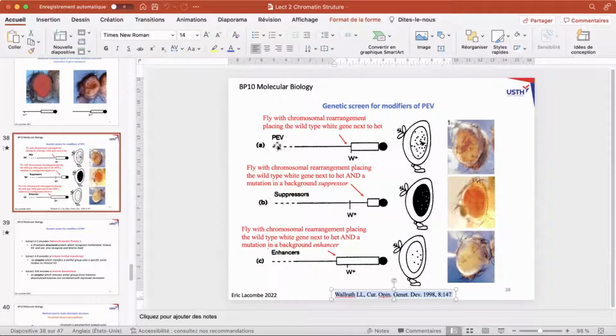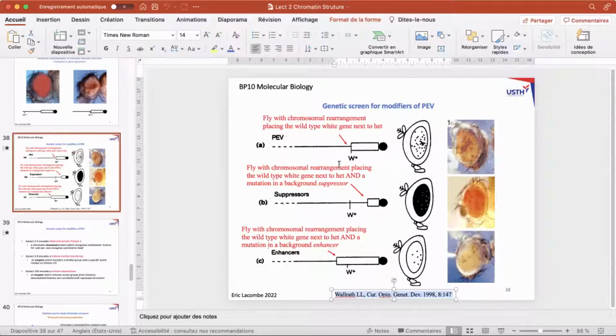So the initial phenotype is this one. Technically, we've got partial expression, because the wild type gene is just at the borderline between heterochromatin and euchromatin. So this is the initial state. You generate mutants from this genetic background, and you have two types of behavior.